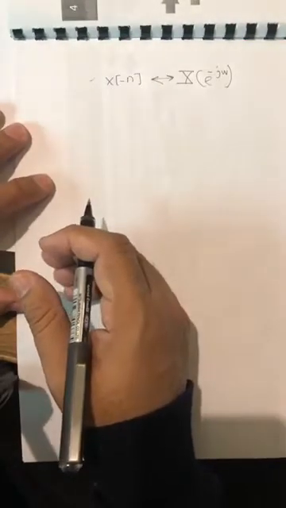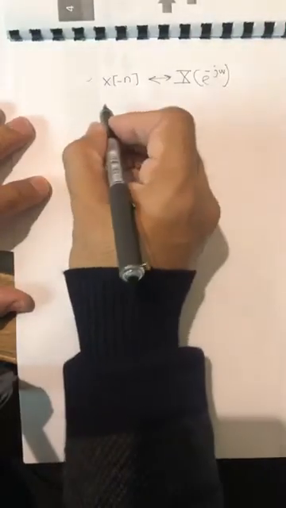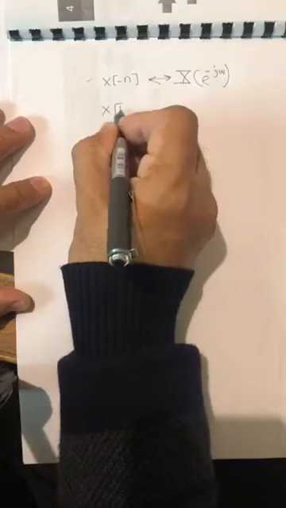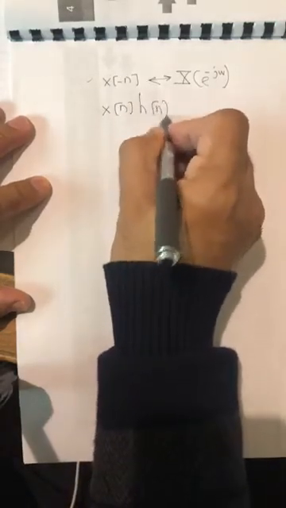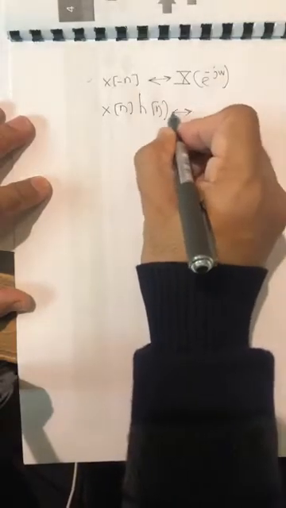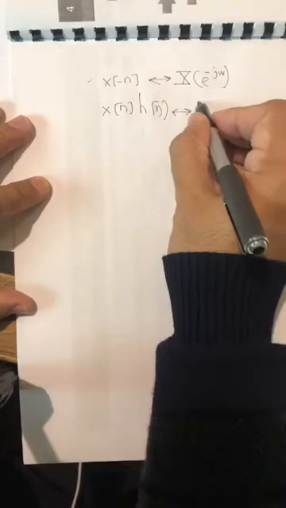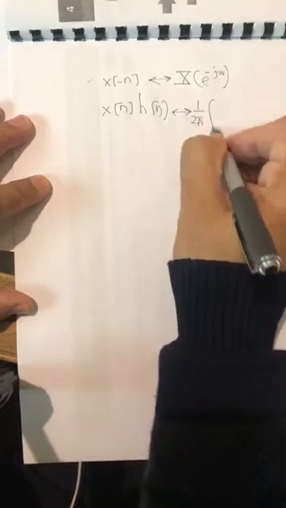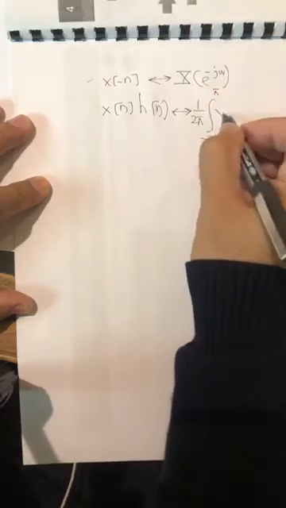Okay. And then there are others, like multiplication in time is primarily convolution in frequency.